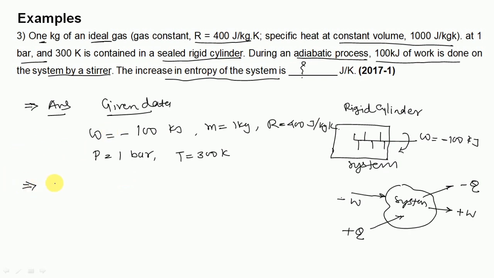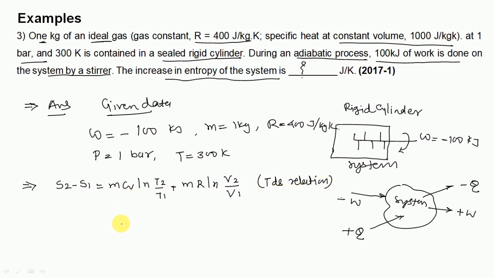We already derived the TDS relation: S2 minus S1 is equals to m CV ln T2 by T1 plus, for volume, m R ln V2 by V1. This relation we already discussed in the previous slide, in the TDS relations. We need to use this relation.